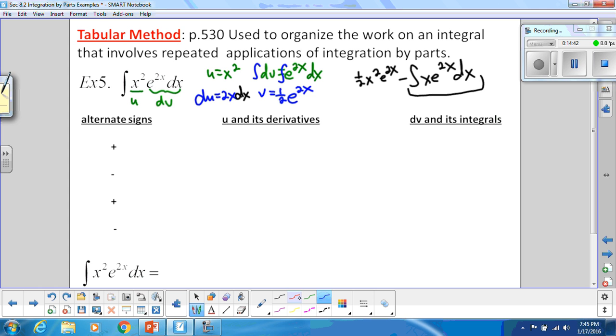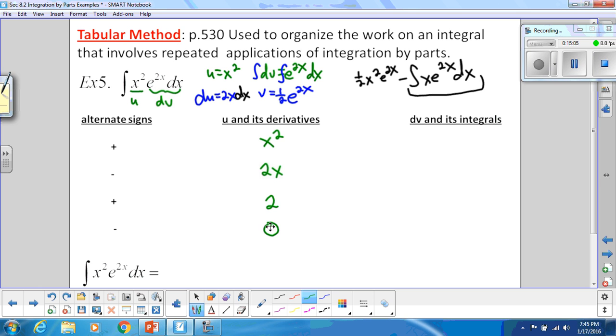And then in the second column, we're going to do the u and its derivative. So u we designated as x squared. The first derivative of that would be 2x, and I'm not going to put the dx here. And then if I took the derivative of 2x, that would be 2. And if I took the derivative of 2, that would be 0. And here's where I can stop.